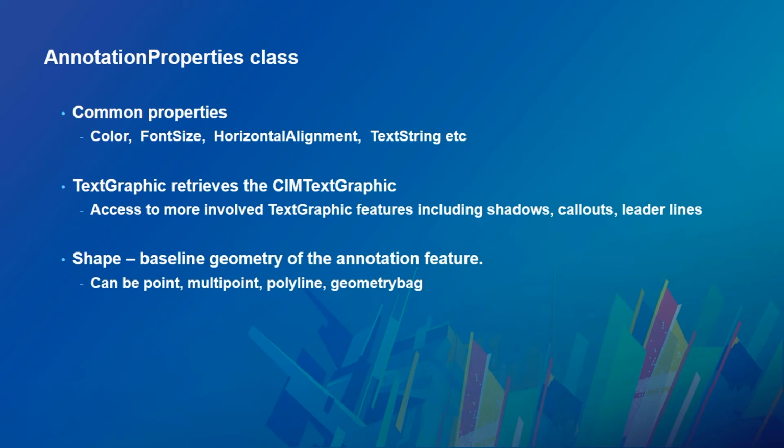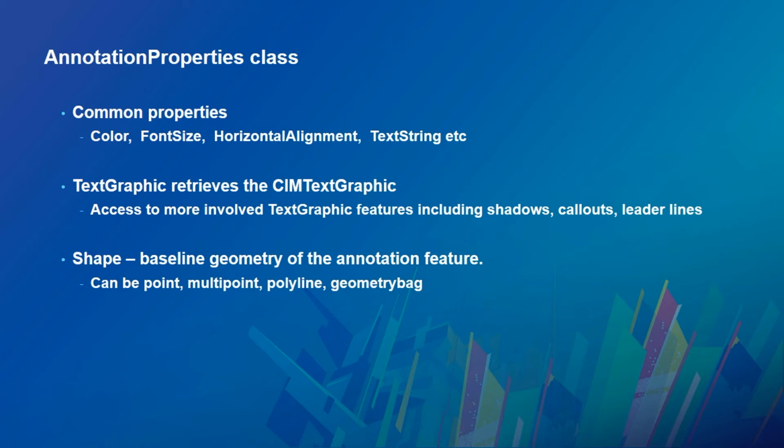It basically holds all of these text formatting attributes that used to be held in these particular fields. So we have a number of common properties to let you change the color, the font size, the horizontal alignment, the text string. You can also use a text graphic property to retrieve the entire SymText graphic.